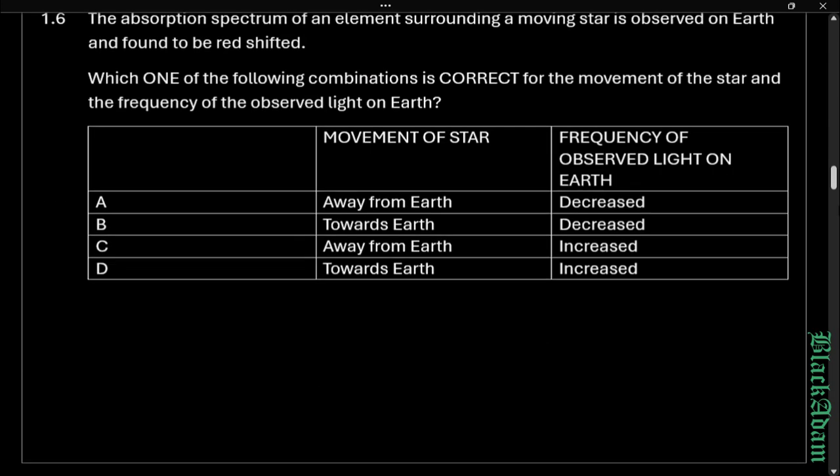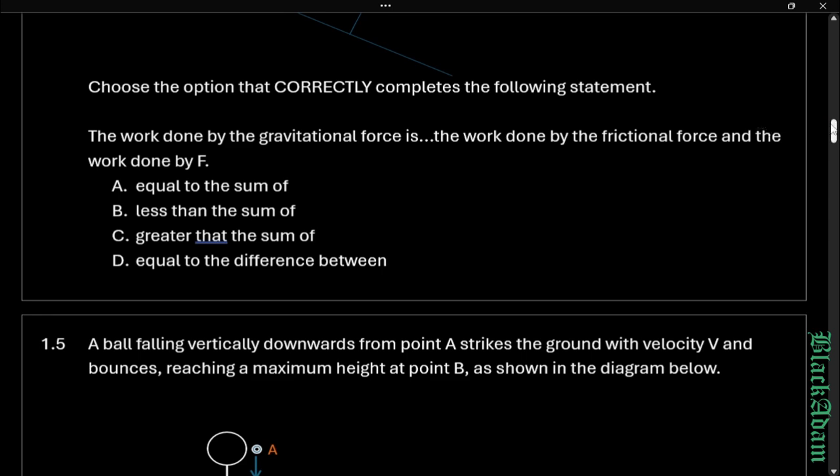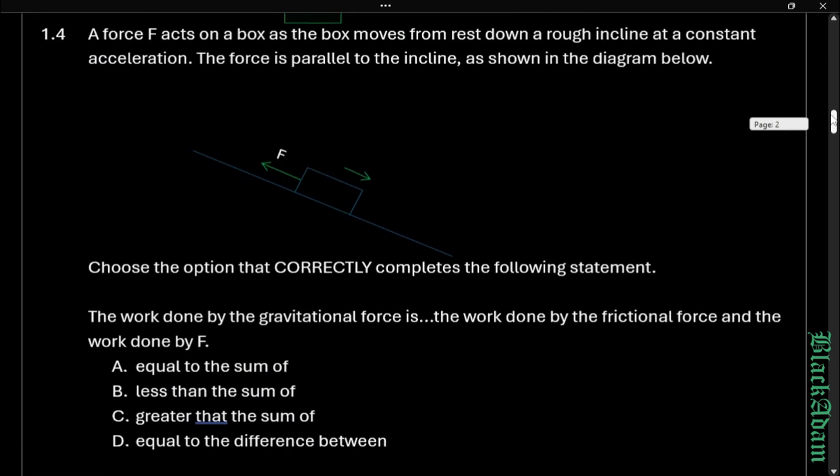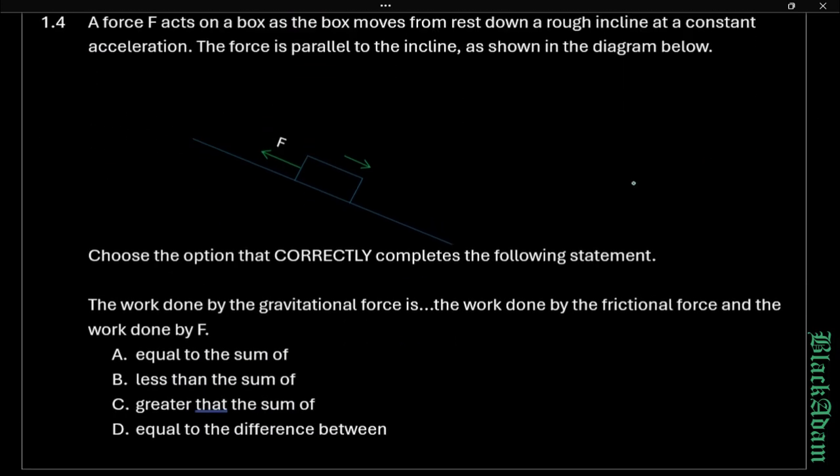Alright, now we have 1.4. 1.4 gives us a force F moving down an inclination with constant acceleration. Which statement correctly completes the following: the work done by F and friction. Is it a combination, difference, sum, greater or less?